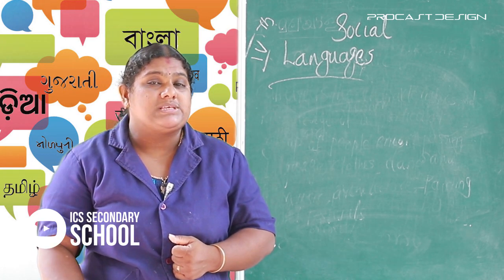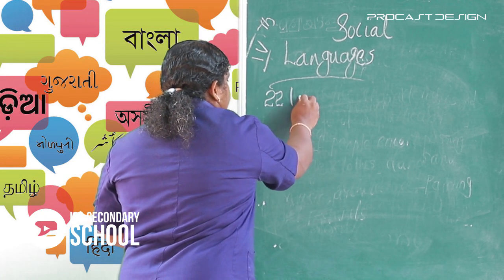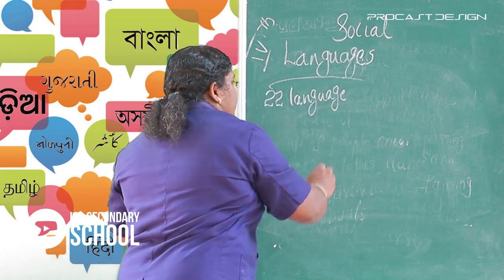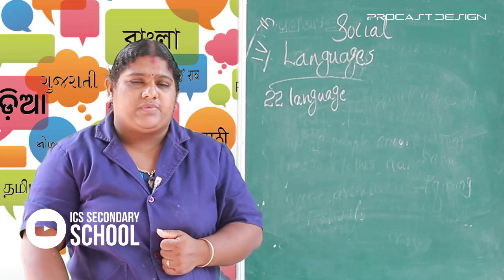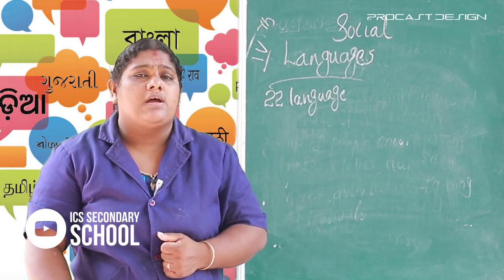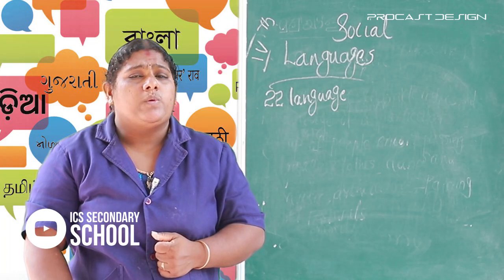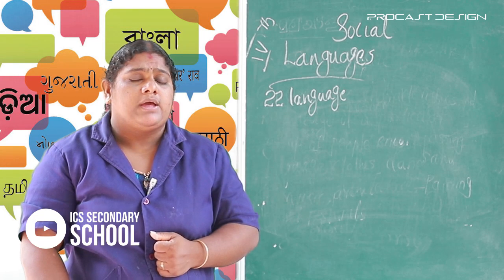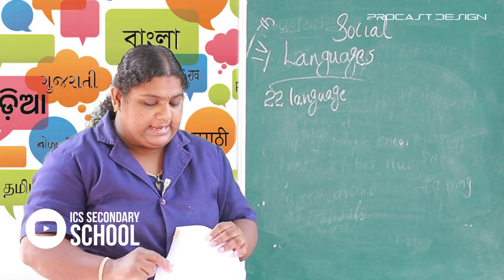How many official languages are there in India? 22 languages. Which are the official languages? All of you see in your textbook. I will just show which are the 22 languages in India.